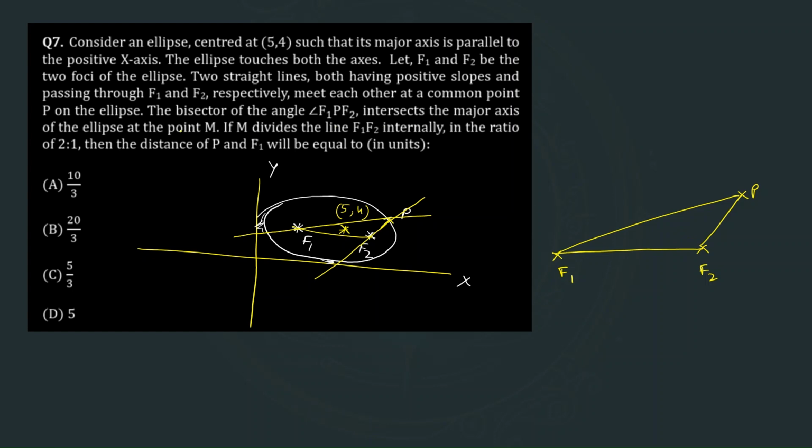Now here it says the bisector of the angle F1PF2. Okay. So the angle bisector of this angle is this.